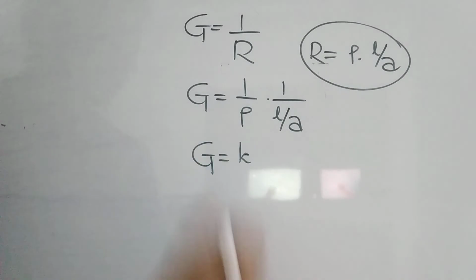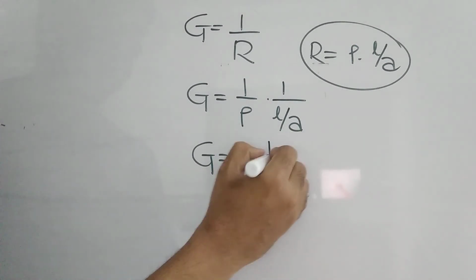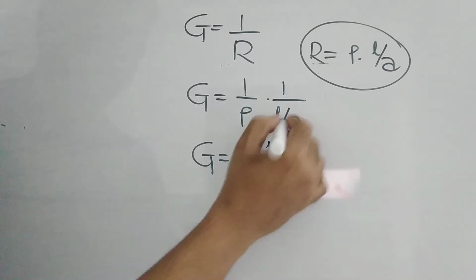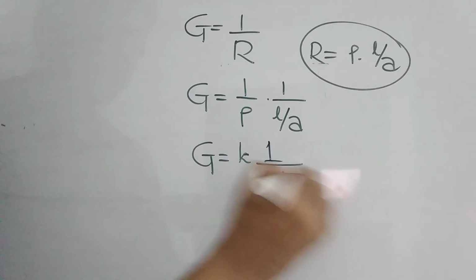Small k I have written. Okay, now actually K, kappa. This is kappa into 1 by L by A, or in place of L by A I can write G star also.